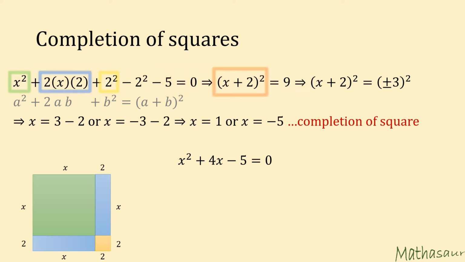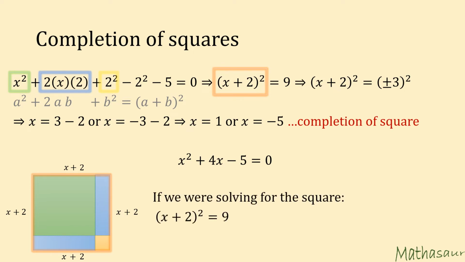Now this new square has the side x plus 2 units. So the area of the bigger square is x plus 2 whole square. So we have completed the square. If we were to solve for the square, then x plus 2 whole square equals 9.